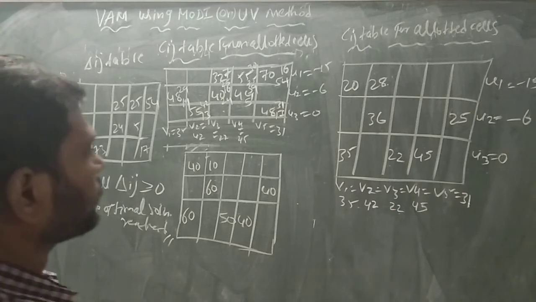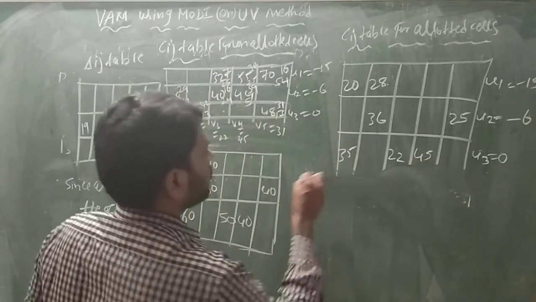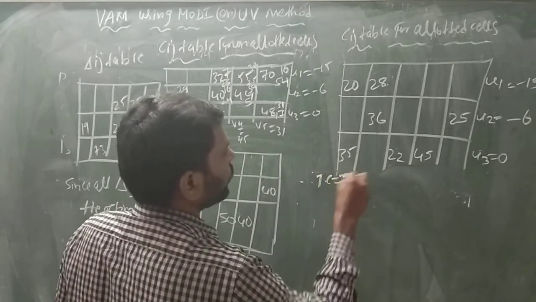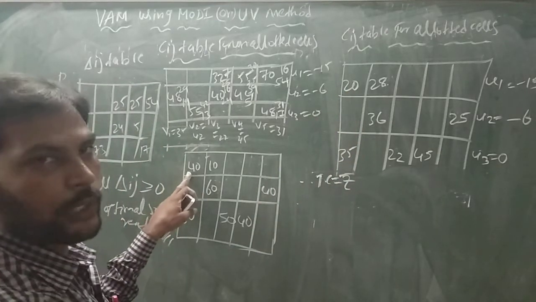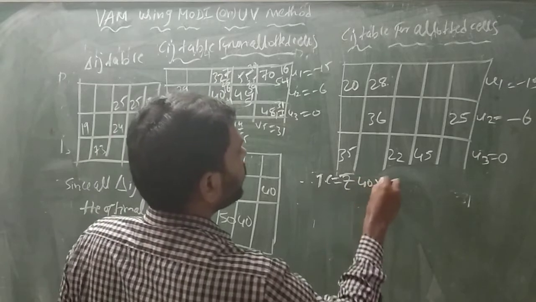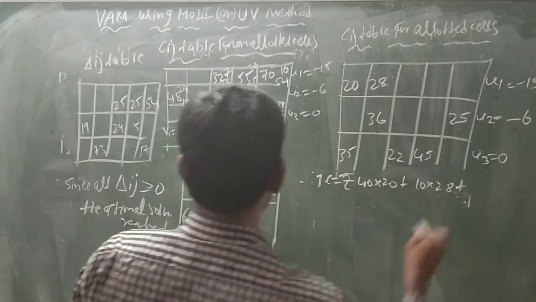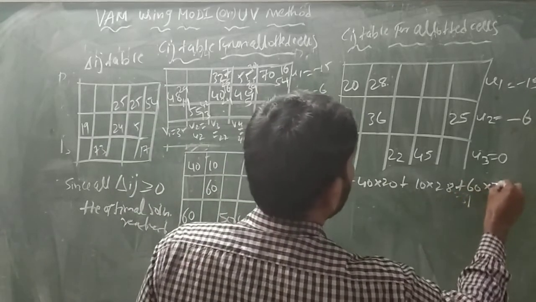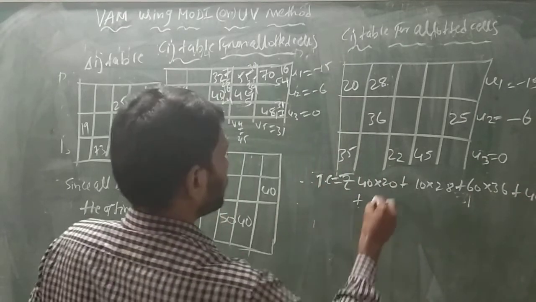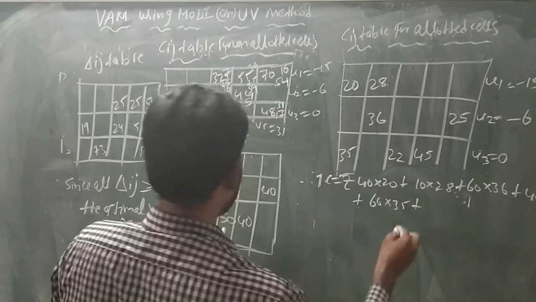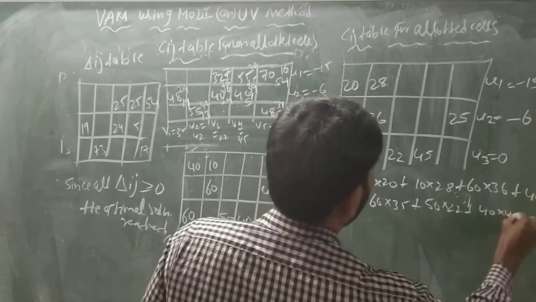Therefore, transportation cost equal to rupees. Again I multiply the new allotment and add. The new allotment gives 40 into 20 plus 10 into 28 plus 60 into 36 plus 40 into 25 plus 60 into 35 plus 50 into 22 plus 40 into 45.